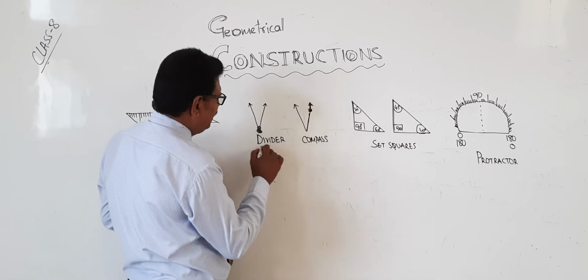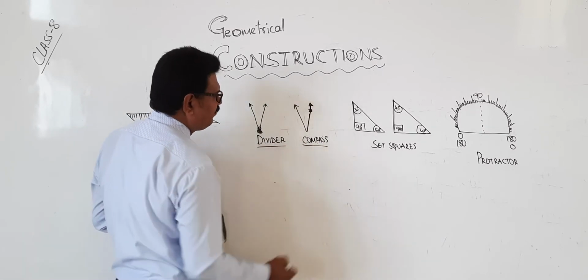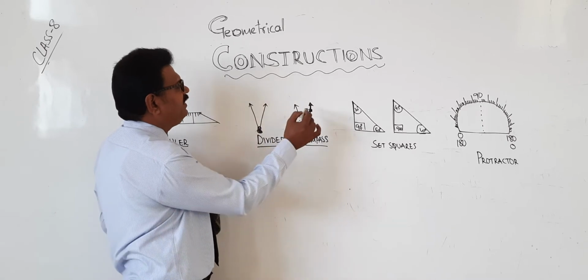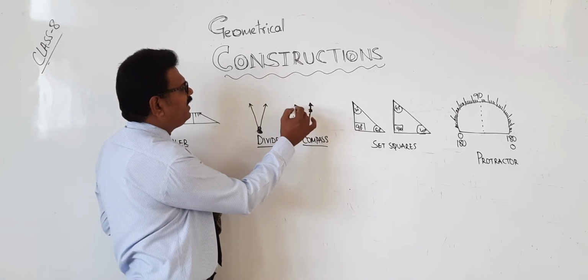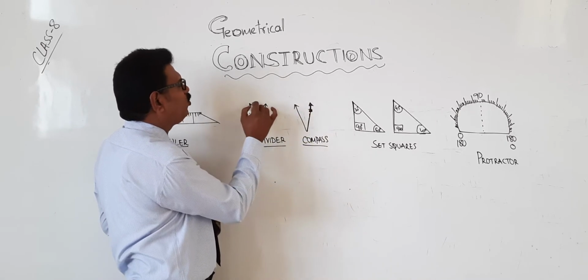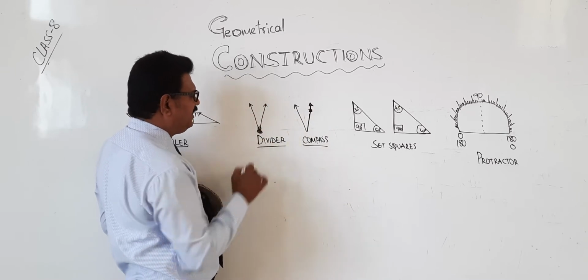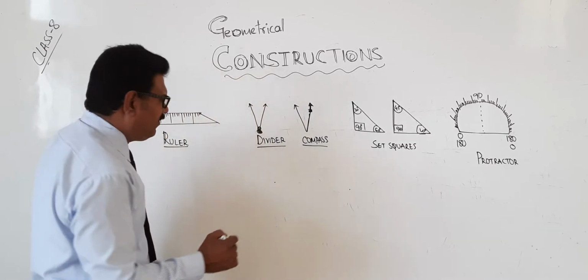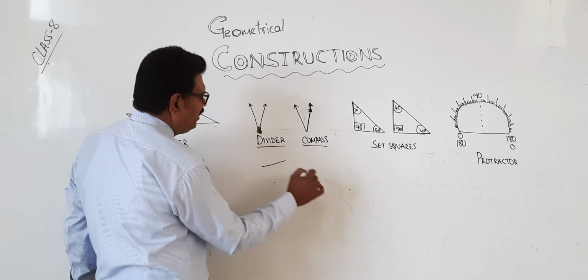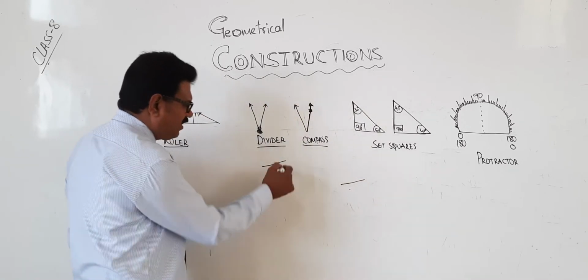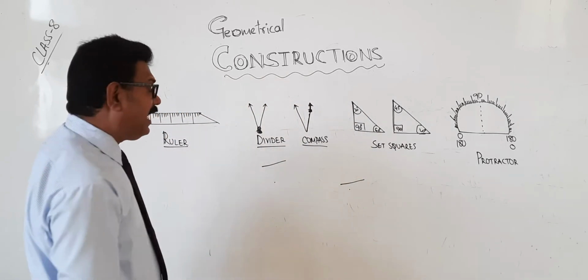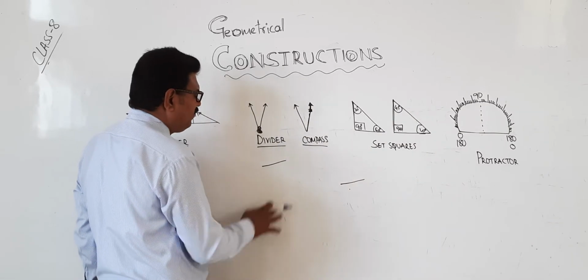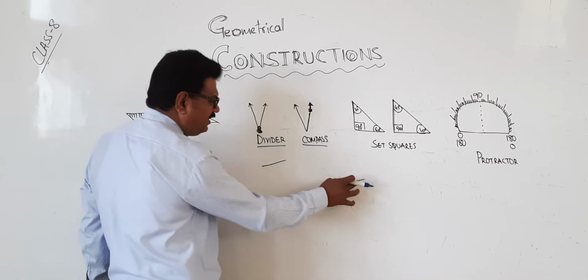Next, here 2 are there, but the only thing is here one end is pencil, one end sharp, and here both ends are sharp. This is known as the divider. Divider means, for example, here one line segment, here another line segment I have drawn. I should know whether this is greater or this is greater.